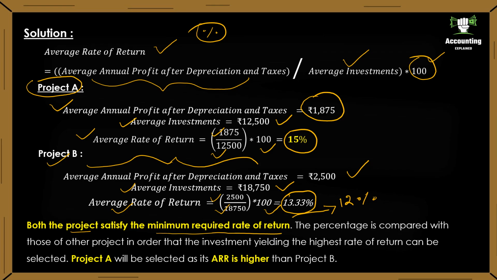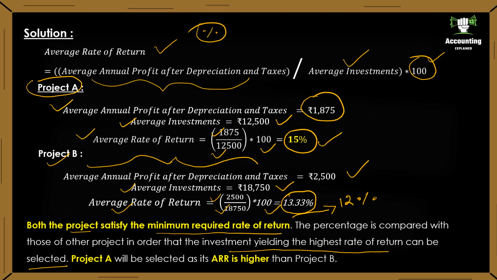The percentage is compared with those of the other project, so that the investment yielding the highest rate of return can be selected. So the investment which is going to give you the highest rate of return, that is going to be selected. Obviously, which one is giving the highest rate of return?